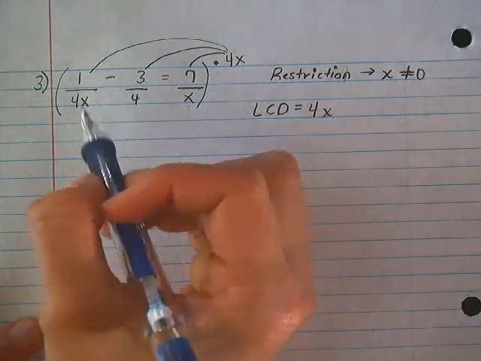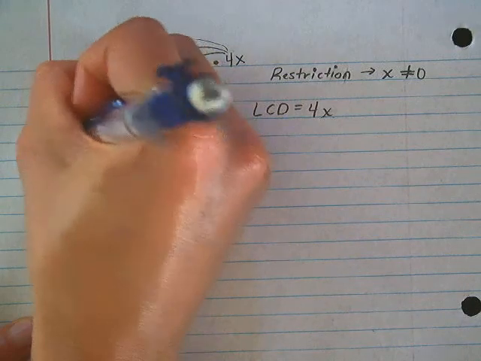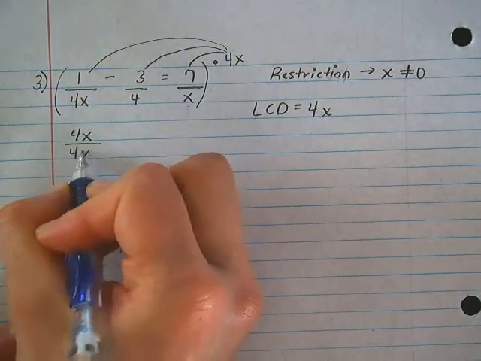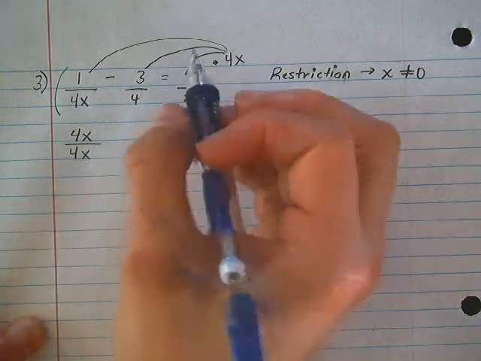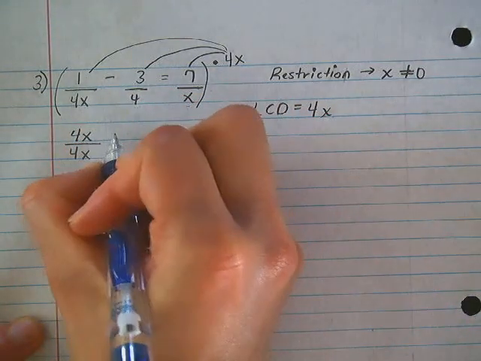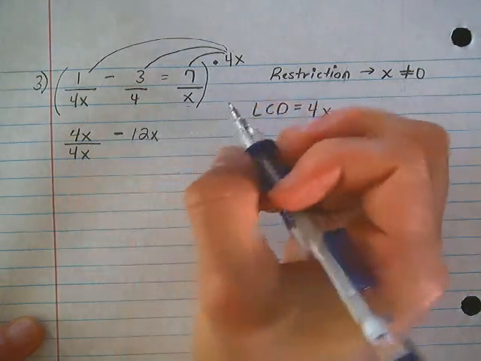And so when I do that, it'd be 1 times 4x, which is 4x. And then I'm going to bring the bottom 4x down. Remember, you just take it times the top of the fractions. Minus 3 times 4x ends up being 12x.